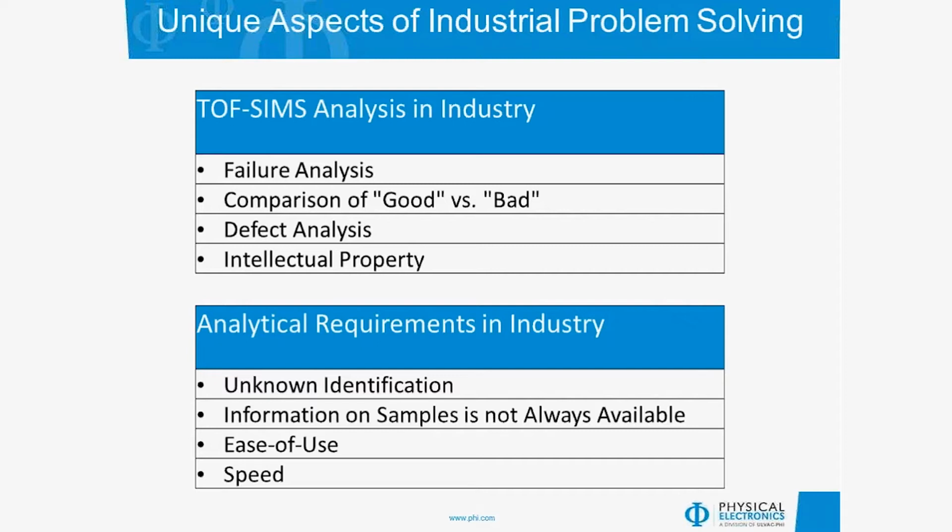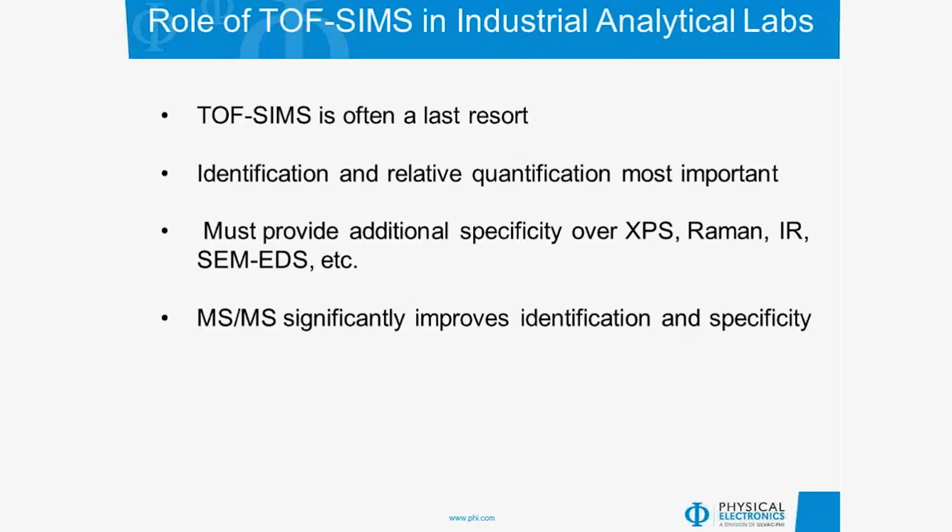The other thing in industry these days is that ease of use and speed are very important. Many labs are operating with fewer analysts and more equipment. So what is the role of TOF-SIMS in a central industrial analytical lab? We've heard from many of them that TOF-SIMS is often a last resort.